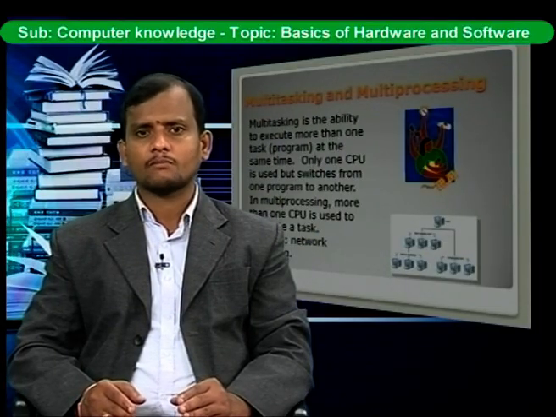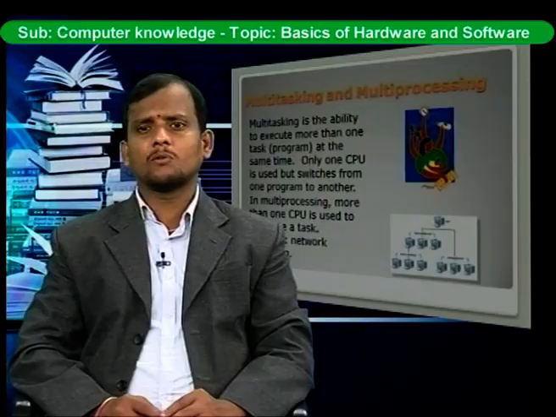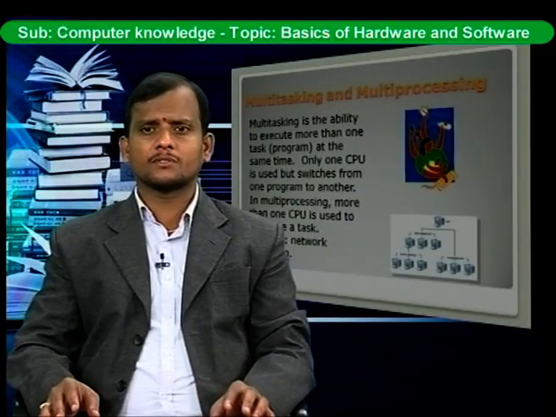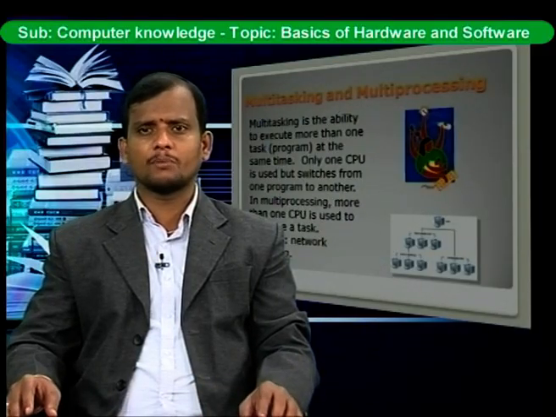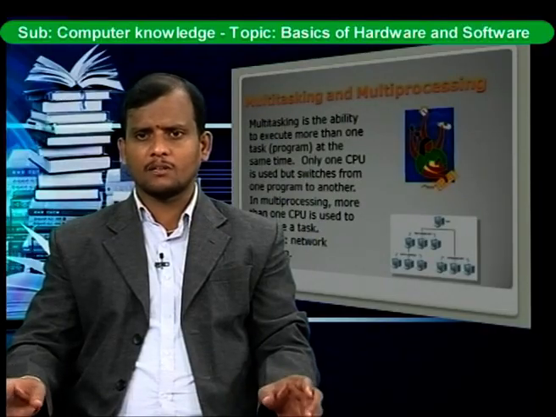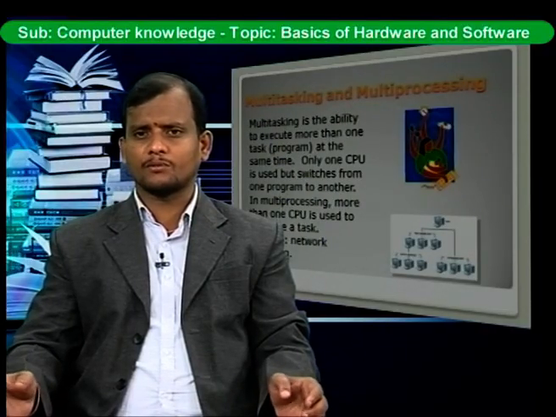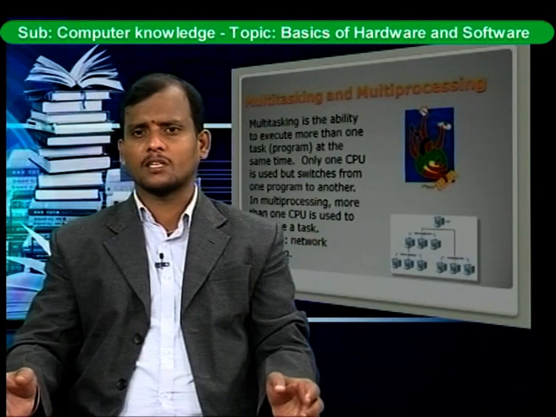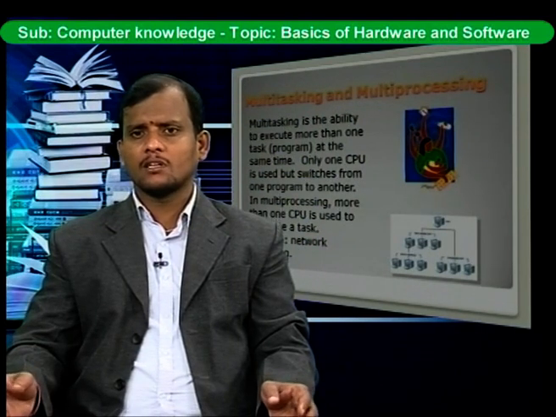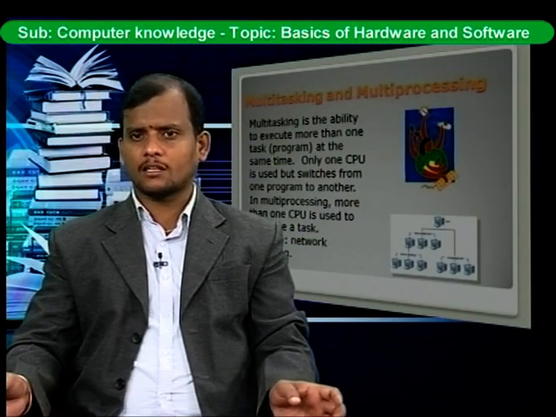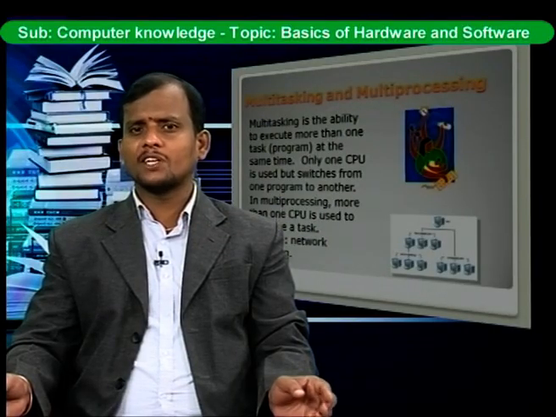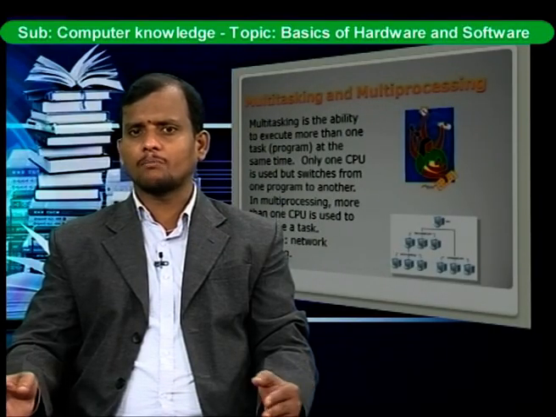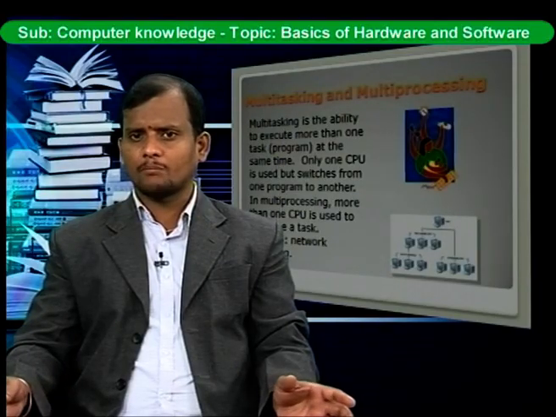Similarly, we have multiprocessing. In multiprocessing, there are multiple CPUs or multiple computers. If you see in the picture, there are multiple computers connected to each other, like a network. When you give some instructions to one computer, it may pass to the other computers as well.